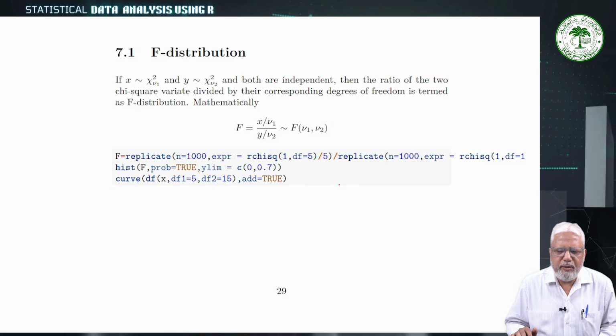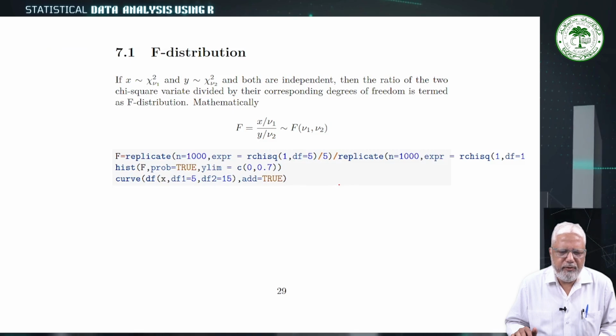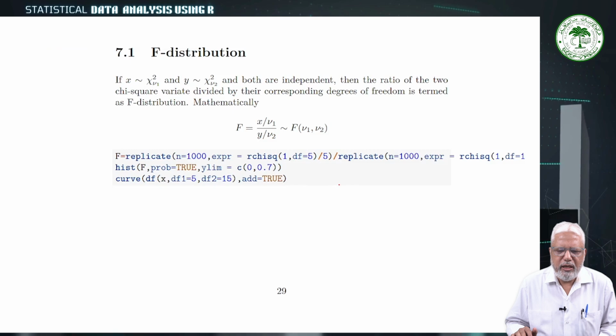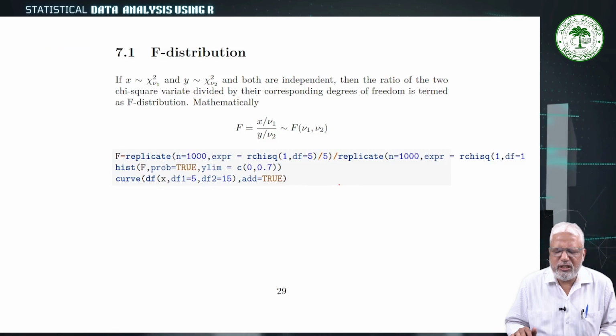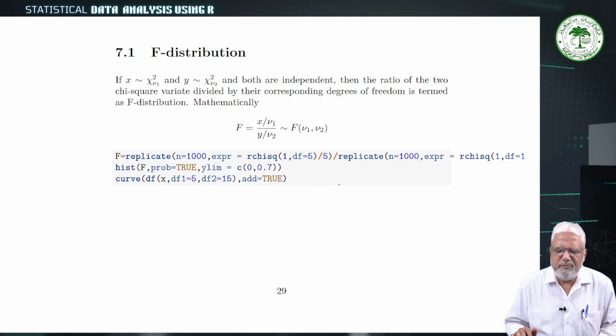Now, how can we implement this? F is equal to replicate 1000 times, and we write the expression rchisq with df equal to 5.